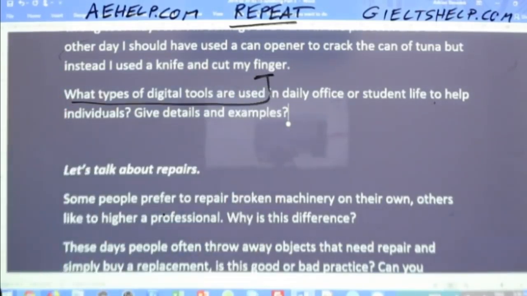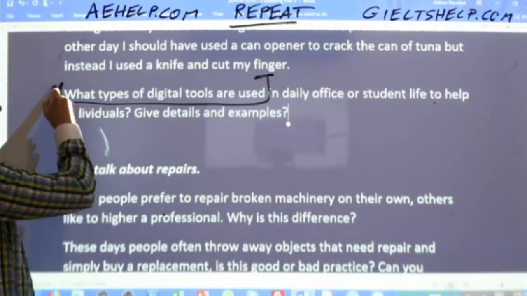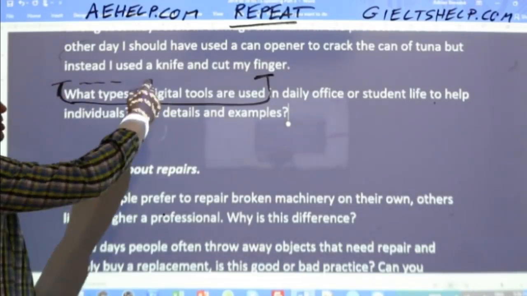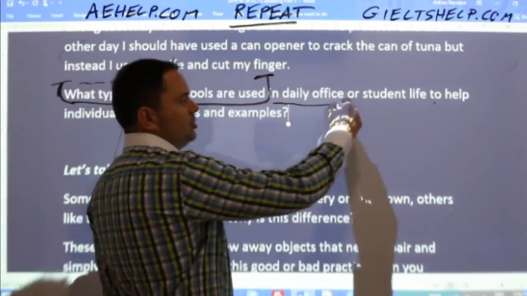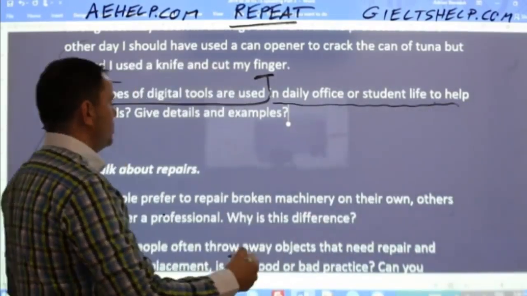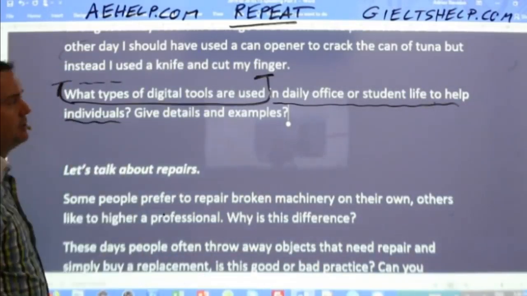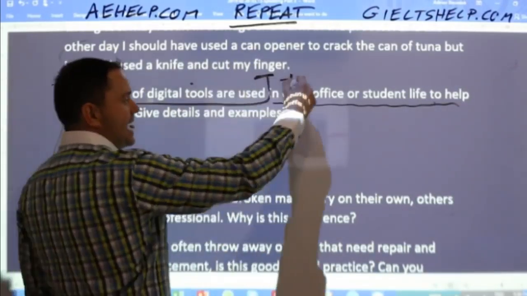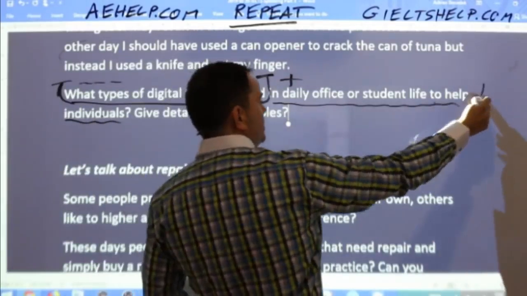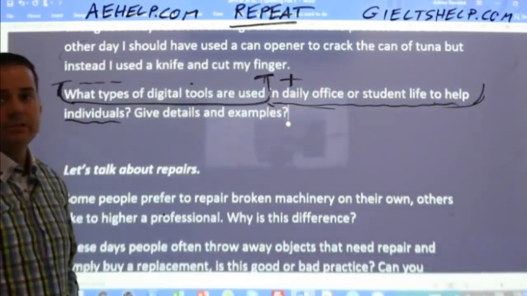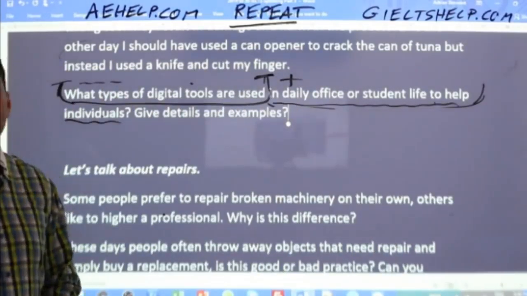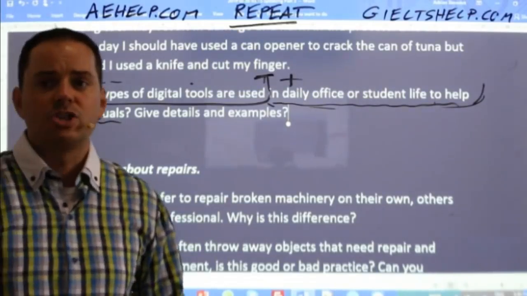That's one of the dangers in part 3: students are only paying attention to the first part of the question, and they're not paying attention to the specifics. You have to make sure that you're answering the whole question.